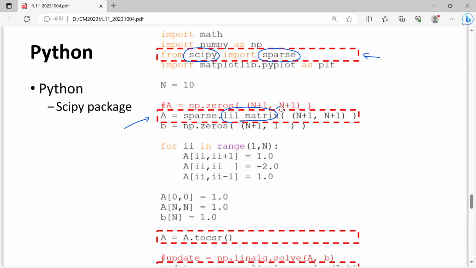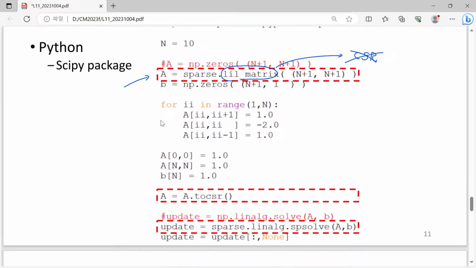So simply speaking, it's not CSR. It is less efficient than CSR type, but easy to change its elements. So for that purpose, we start from LIL matrix, and you can just specify their entries.